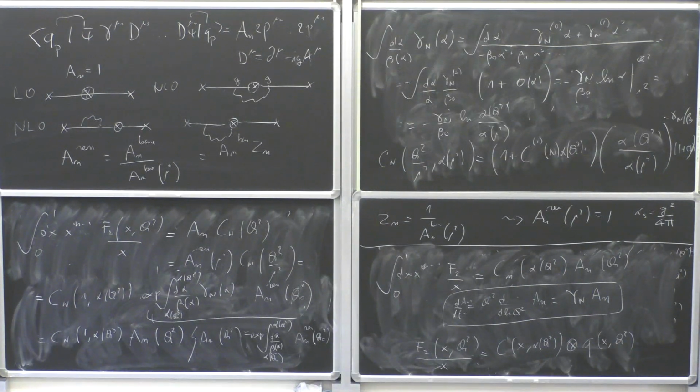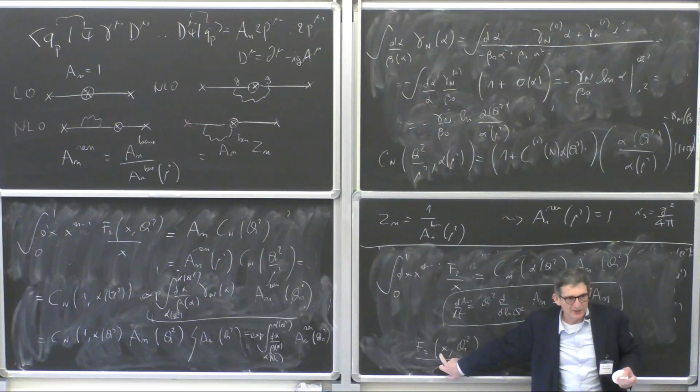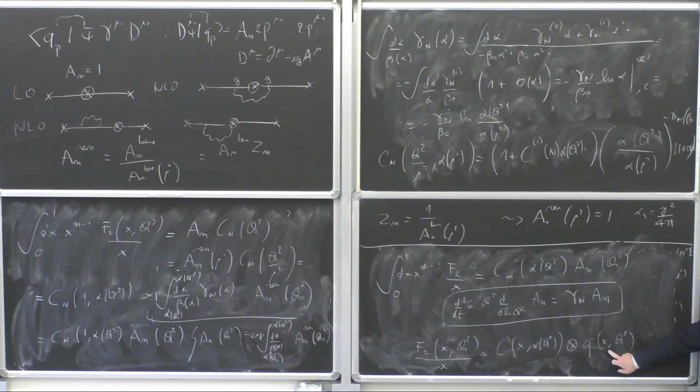So you see, at the end of this long argument, we ended up with an improved version of our original formula, where now this Q squared dependence of the structure function comes from this Q squared dependence of the PDF.